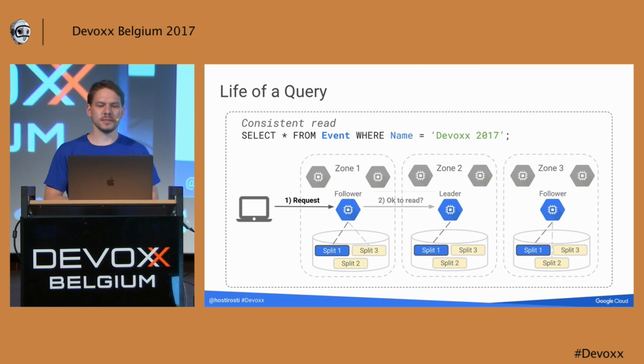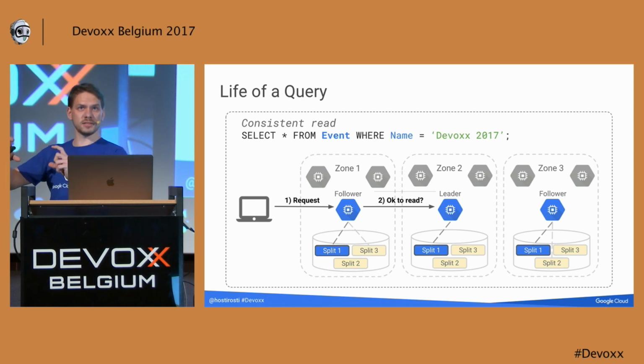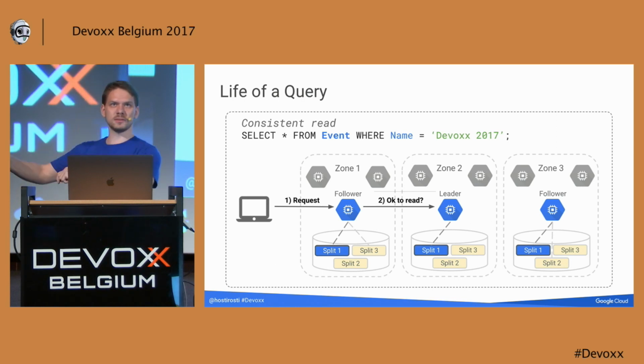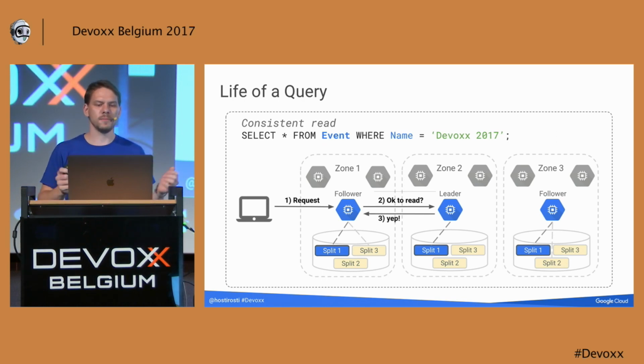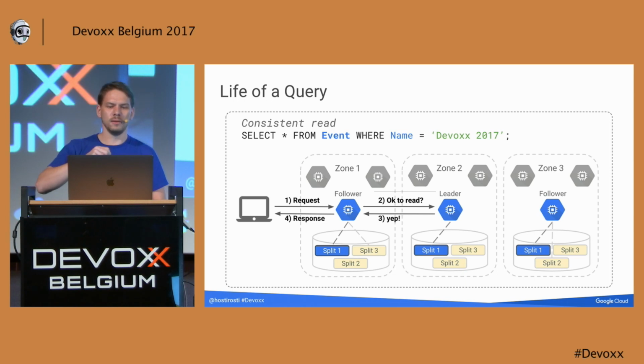Because this is a strongly consistent read, the follower will ask the leader, with a timestamp: I have this timestamp of the data. Is this still the latest data for what was requested? Now, the leader might talk back and say, yeah, that's the latest data. And the follower can just serve the data. So the only data that moved between the follower and the leader is basically the timestamp. It's not actually the data, which increases scalability again.